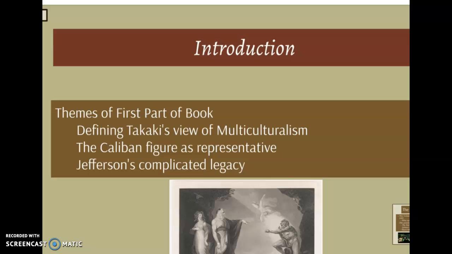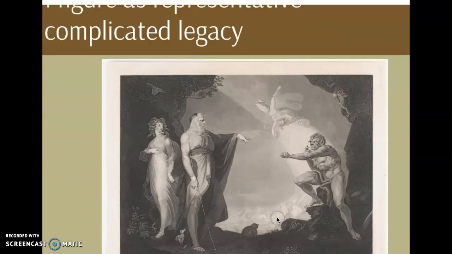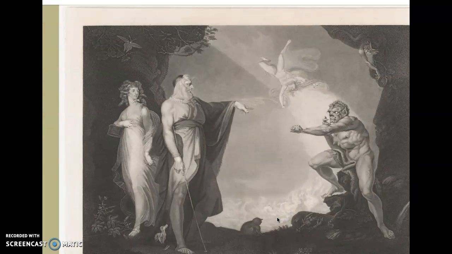I do like the fact that Takaki focuses on this Caliban character. It's a really fascinating character because Caliban comes from the Shakespeare play The Tempest. As you're reading early on, you see Takaki talk about this.